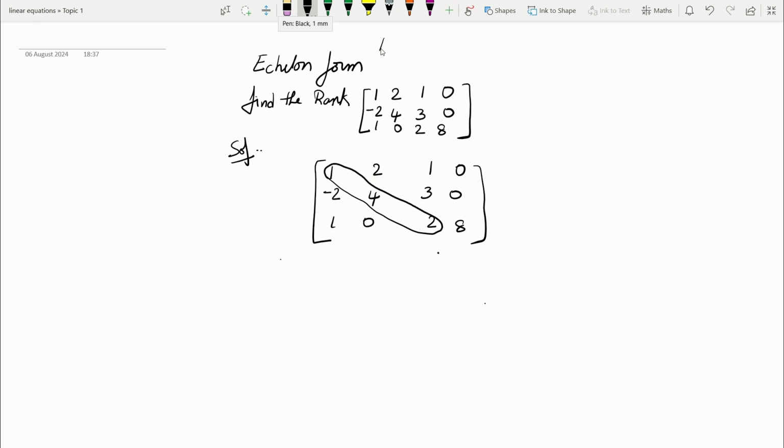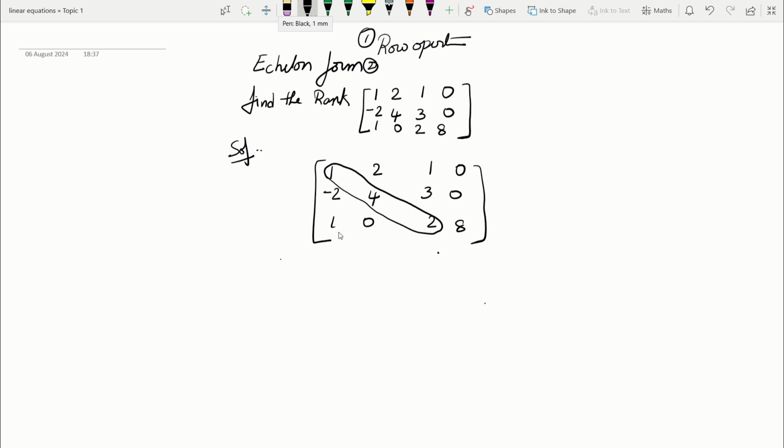These are the diagonal elements. I want to make the elements below the diagonal 0. That is the echelon form. The echelon form conditions: the first one is we have to use only row operations.